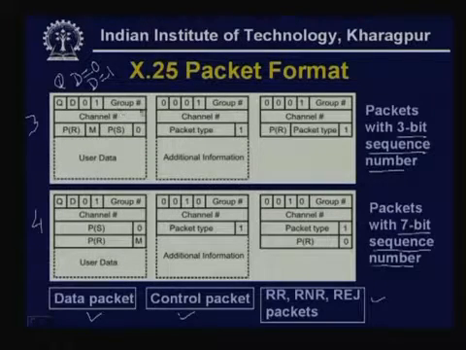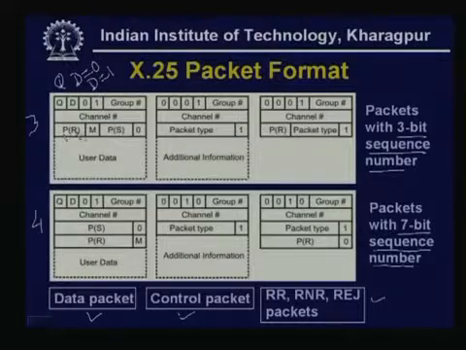Then the 12-bit number comprises two parts, group number and channel number, and these two together form the LCN, the logical channel number, which is used to form a number of virtual circuits.